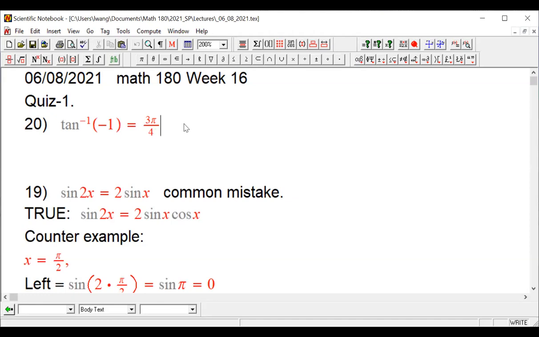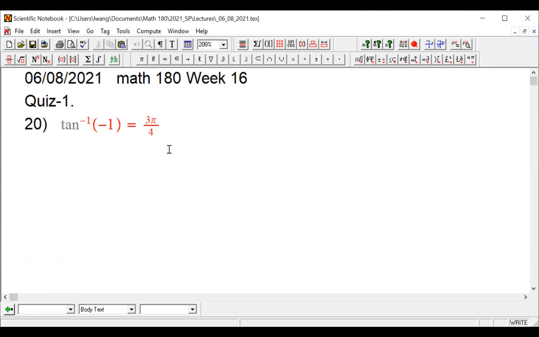Okay, so what is the argument? Why is it false? This will be related to the arctangent, or tangent inverse. We talk about the truncation. They're all one-to-one functions.